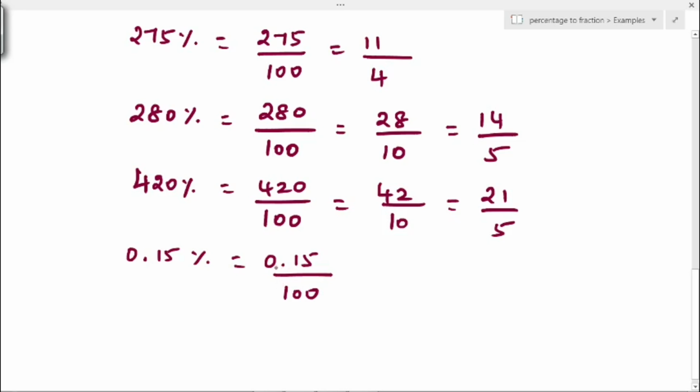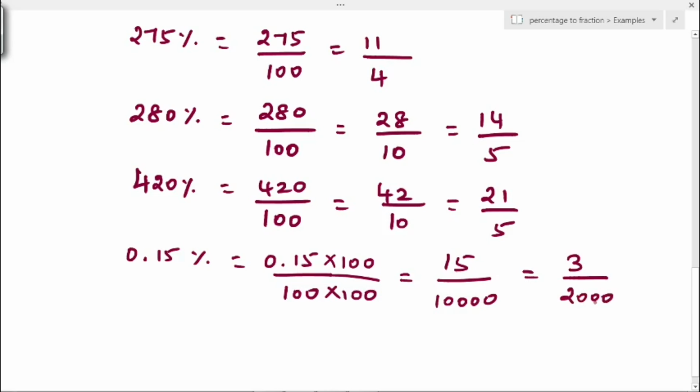In the numerator we have 0.15, with two decimal places, so we first multiply by 100 in both the numerator and the denominator. Then in the numerator we have 15 and in the denominator we have 10,000. If you divide it by 5, you will get 3 divided by 2000. So the fraction value of 0.15% is 3 divided by 2000.